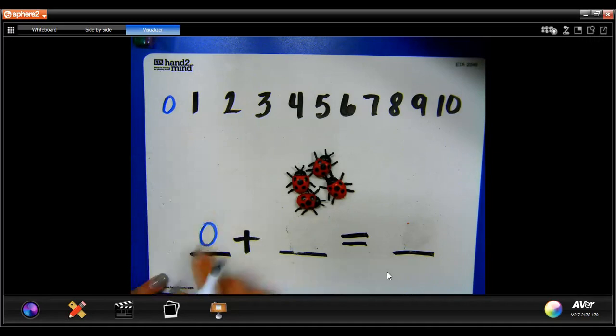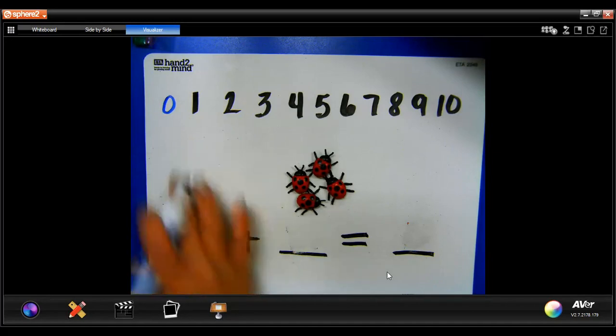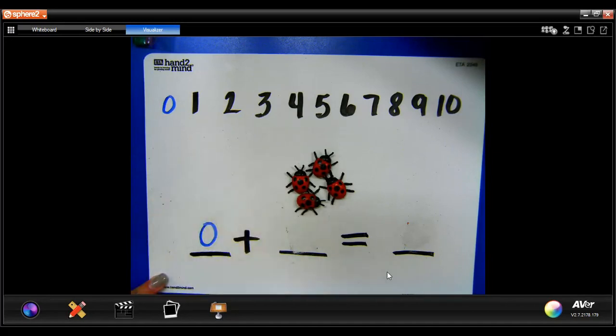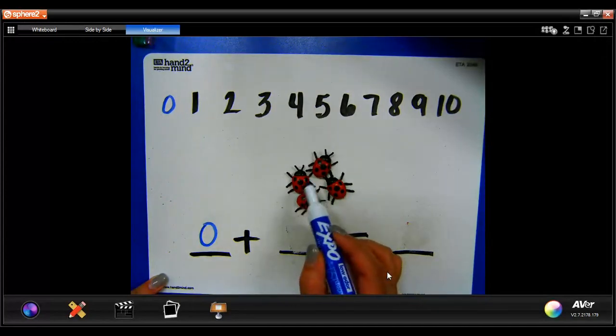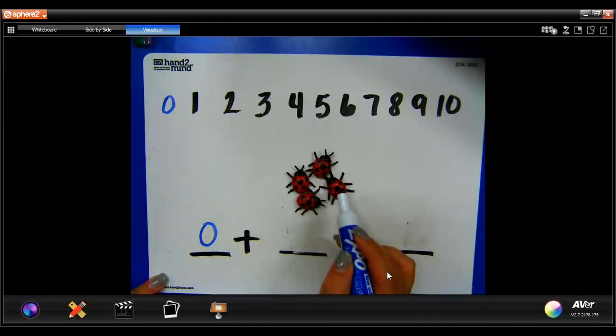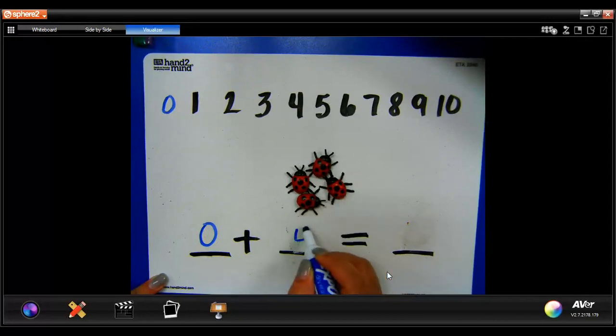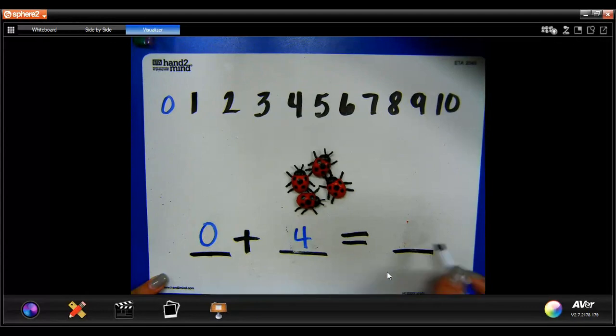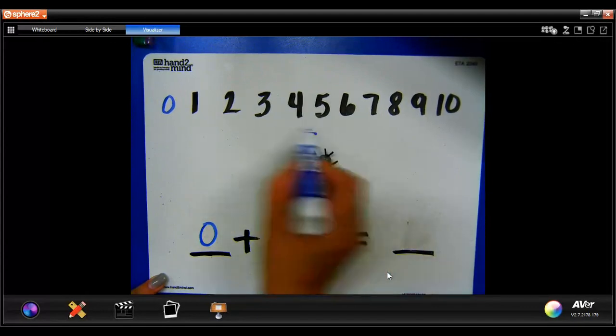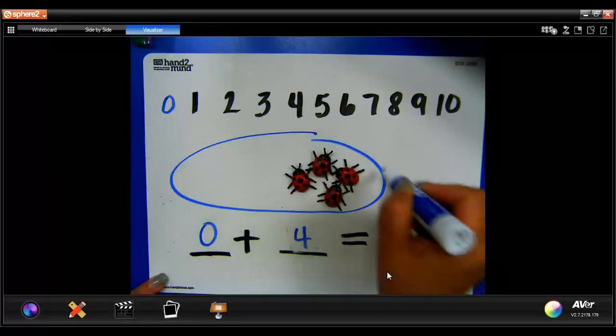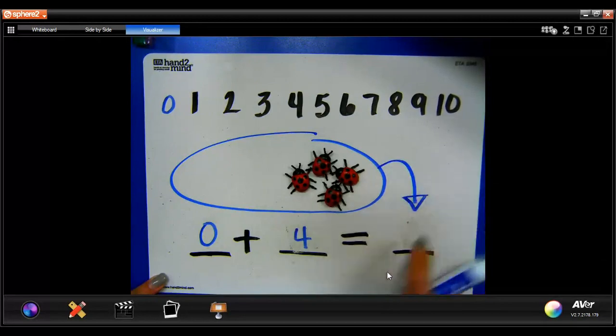All right. 0 means you have nothing. I don't have any ladybugs here, so I have 0. Now let's count how many ladybugs we have. 1, 2, 3, 4. So I have 4 ladybugs. All right. So now I'm going to add all of this together, and my answer is going to go right here.